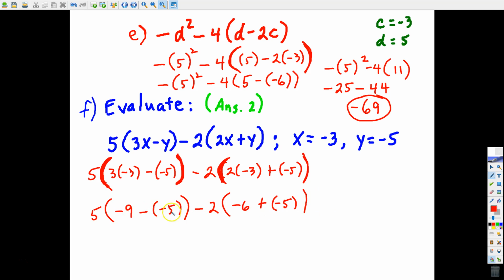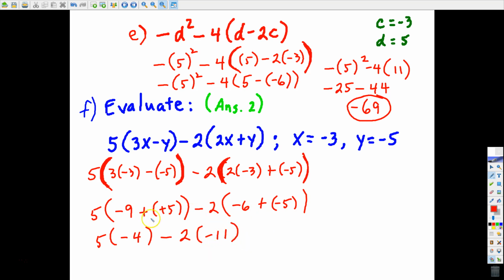All right, continuing working within these parentheses, -9 minus -5. We can change both of these to plus. -9 plus 5 is -4. And -6 plus -5 is -11.